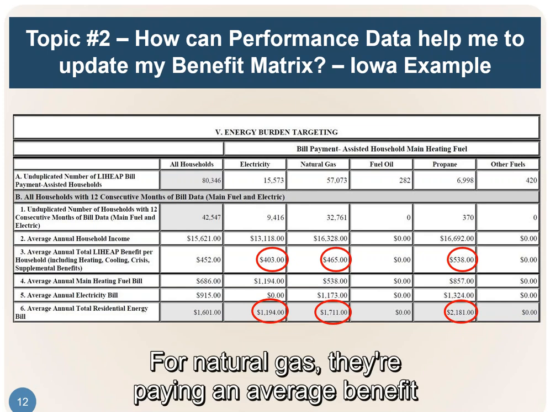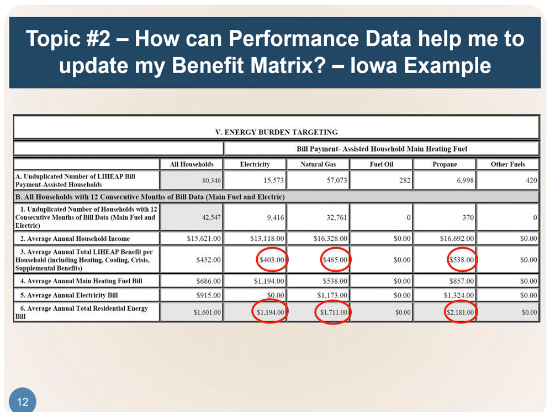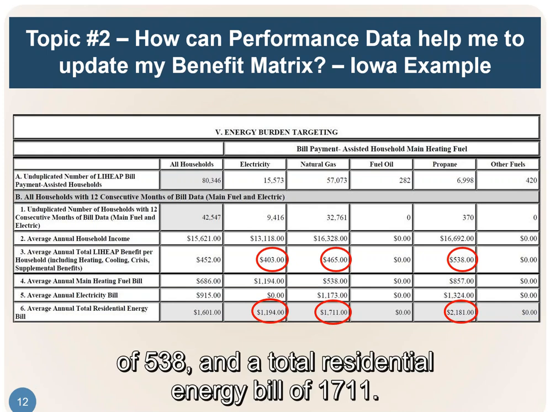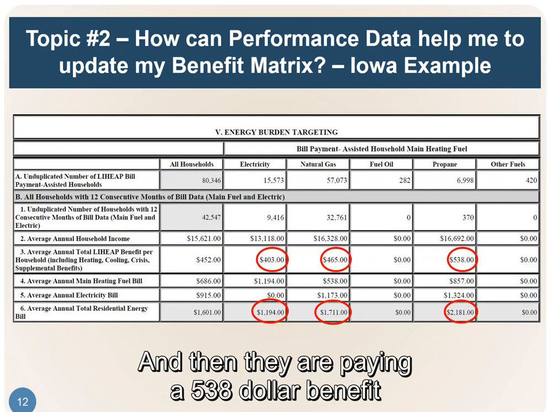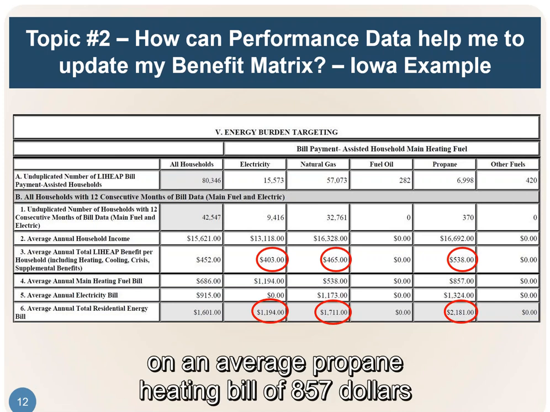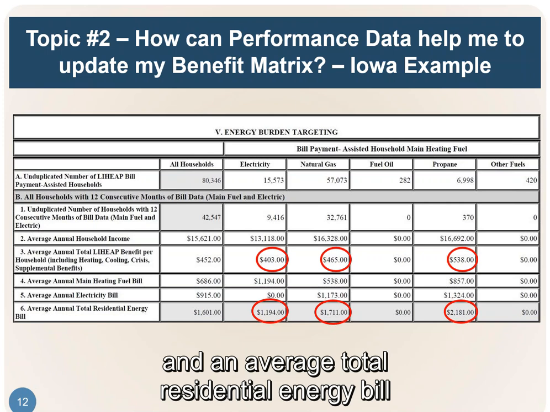For natural gas, they're paying an average benefit of about $465 on an average gas bill of $538, and a total residential energy bill of $1,711. And then they are paying a $538 benefit on an average propane heating bill of $857 and an average total residential energy bill of $2,181.